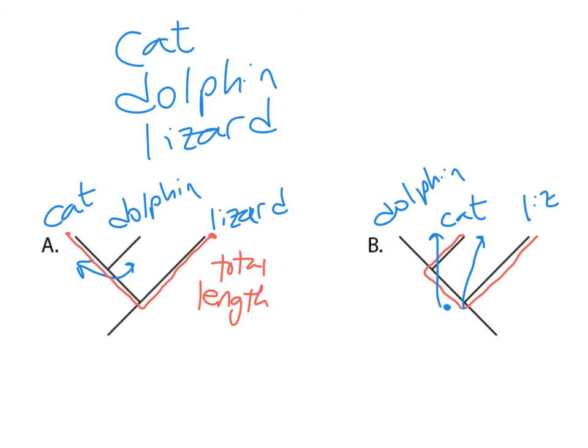It's the same, for exactly the same reason. If you measure the total branch lengths that separate dolphins and lizards, in blue here, they're the same on both of the trees. And it's the same if you measure the red lines and the blue lines. So cats and dolphins are exactly equally related to lizards.